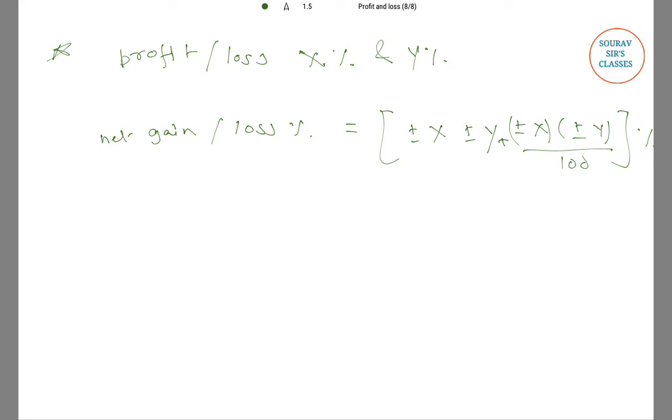This is the gain or loss percent, where plus and minus signs stand for profit and loss respectively.